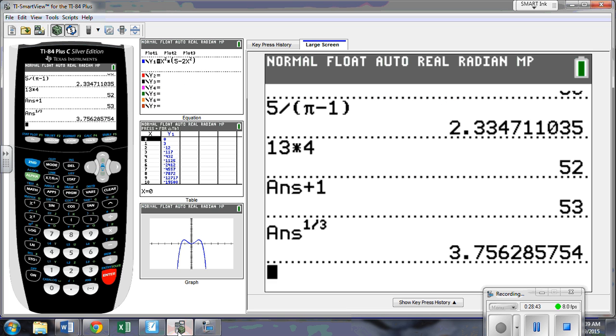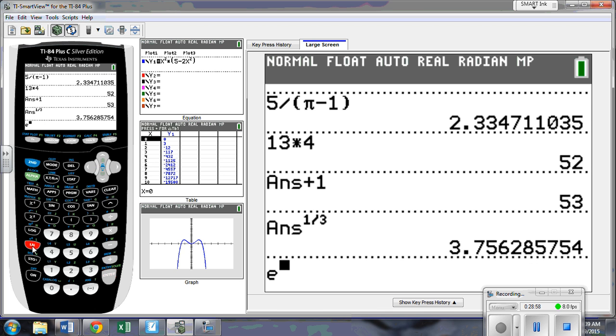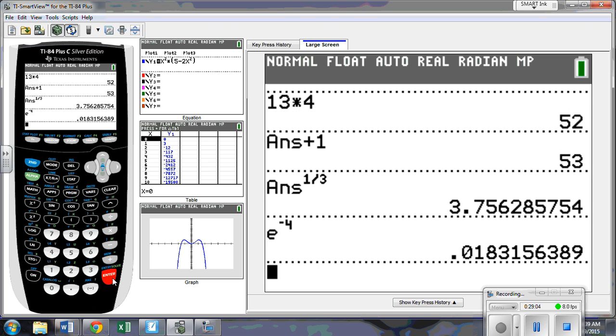Okay, so e to the -4. Please notice the e to the button is located above the natural log on the left-hand side, next to the 4. And since it's in our blue, we'd have to go second, e to the x, -4. Hit enter, and we have our value. Rounding that to 3 significant digits, 0.183.